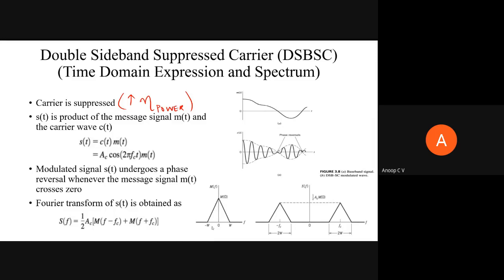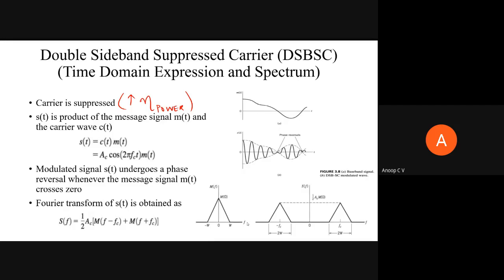So this is the spectrum of m(t), that is M(f). m(t) is a real valued baseband signal. For that reason, the spectrum is symmetric about f equal to 0, and the maximum frequency content we assume is equal to W. As I already told, whatever triangular shape we are considering is just for illustration purposes.